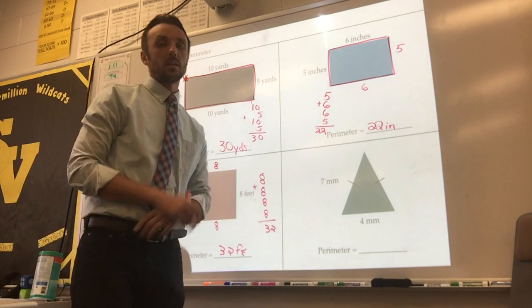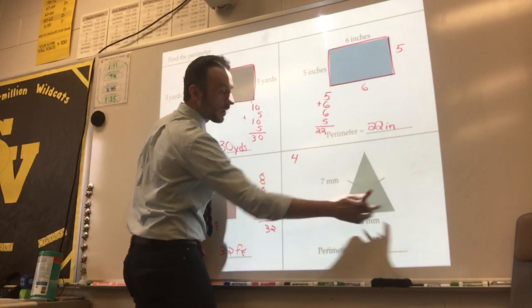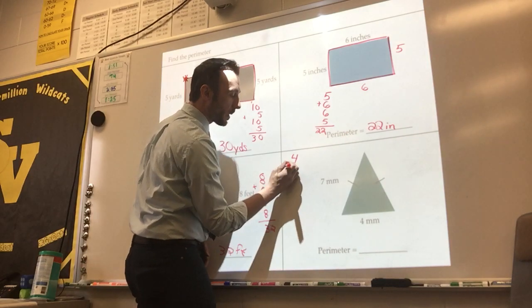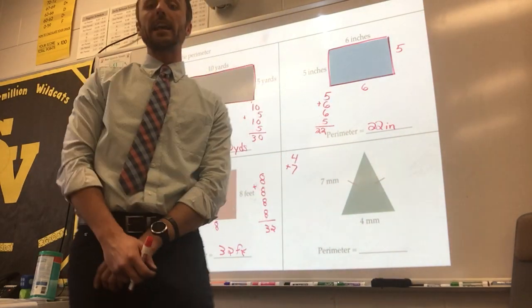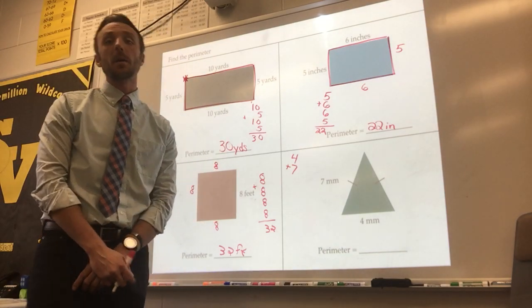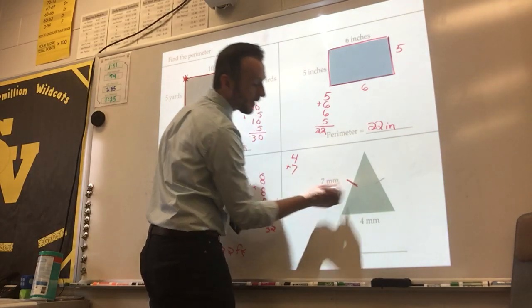On this one over here, I have a 4 down here, so I have to add 4. So 4 plus 7. But I don't have a measurement on the other side. And we can't just say, hey, it looks like the other one, because looks is not enough. But thankfully for this one, if you notice, I have a little hash, a little dash right there.